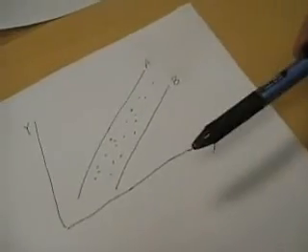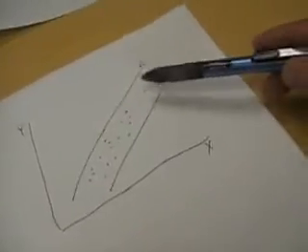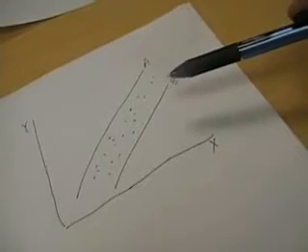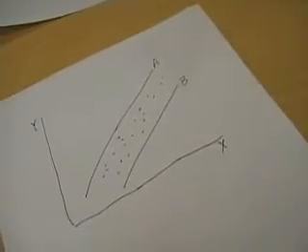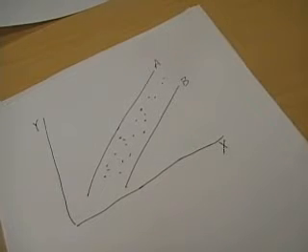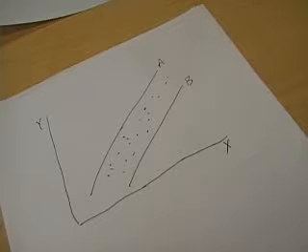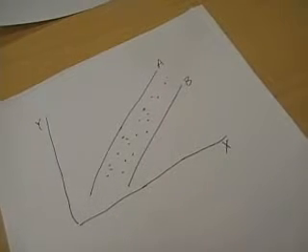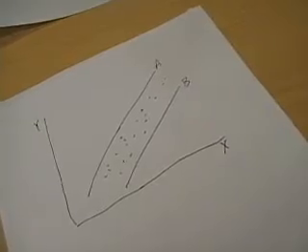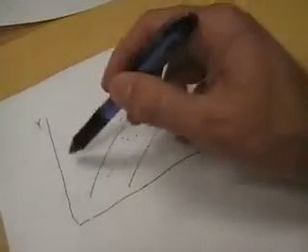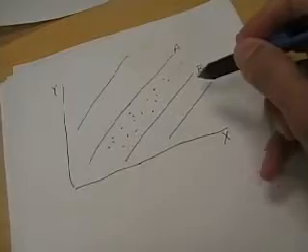They're far away from the data in some sense. We wouldn't say that A is an accurate representation of the data here, or B is an accurate representation of the data. And so we ask ourselves, well, they're not good representations because they're far away from the data. And other lines that we might think of having are even farther away.